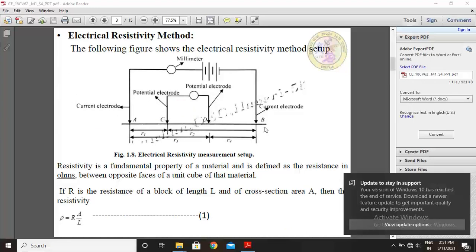Now I want to explain in detail the electrical resistivity method. The following diagram shows the electrical resistivity method. Now I want to explain this diagram. Let us see.